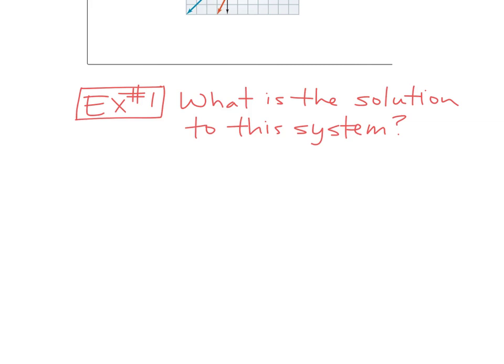I'll try to pick colors that you likely have in your repertoire. So one of your equations, we will do y equals x plus 2. The other equation, in red, will be y equals 3x minus 2.